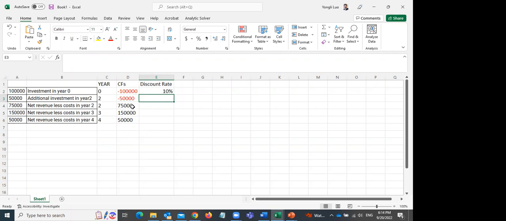So for the second year, if you add them up, we're going to do this in this format. That's how we do capital budgeting, right?